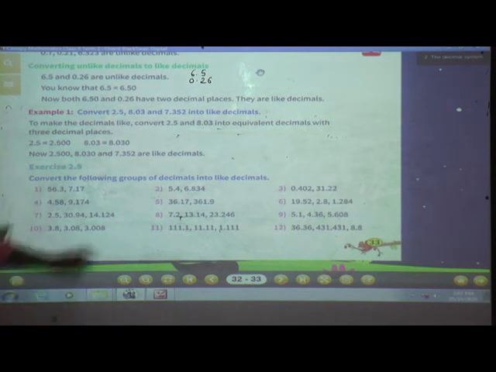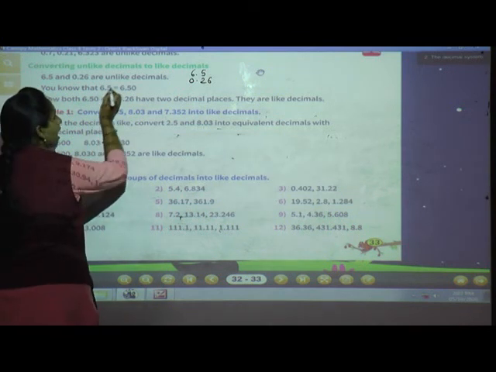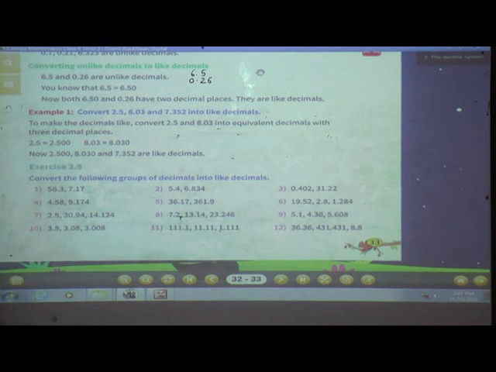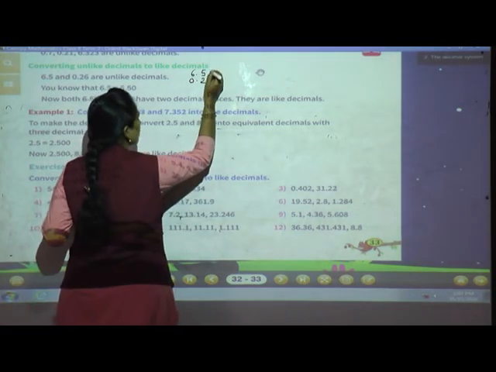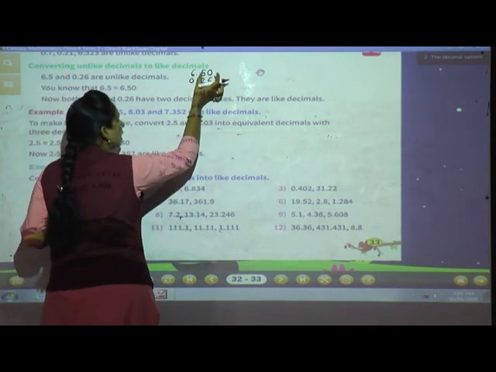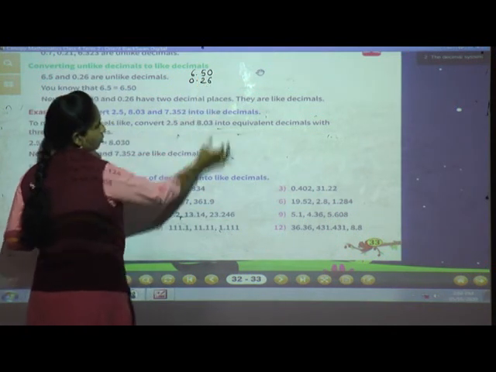See, we have studied that after the decimal point, at the end of the digits, we can add any number of 0s. A 0 at the end has no value, so we can add zeros here. So if I add 0 here, now I have 2 digits here and 2 digits here.